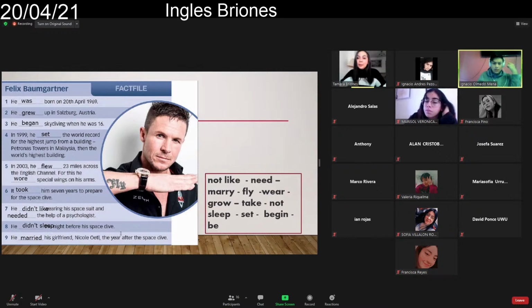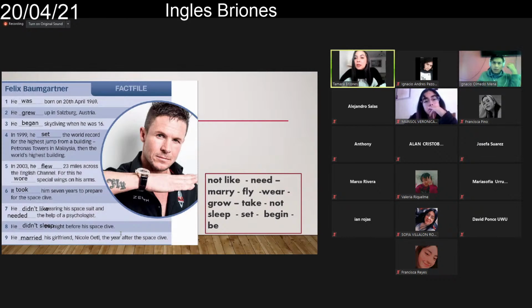Miss, ¿por qué se dice sleep y no slept? Como, because it's in the past, it's using didn't. He didn't sleep. So when you use the auxiliaries, the verbs stay the same. La regla de los auxiliares, si usas un auxiliar, el verbo se queda en infinitivo.